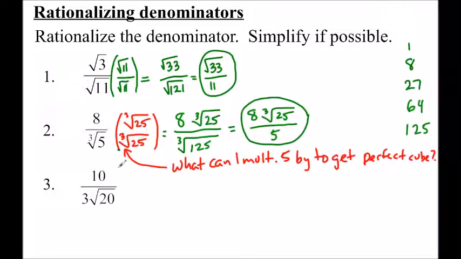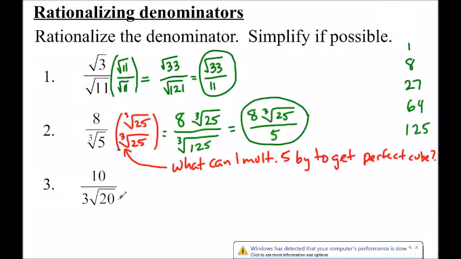Okay, for number 3, you have a square root of 20. So we can actually do this 2 ways. We can either ask ourselves what we could multiply 20 by to get a perfect square, or we can just multiply by the square root of 20 and we will get some perfect square, not necessarily the lowest perfect square. Okay?